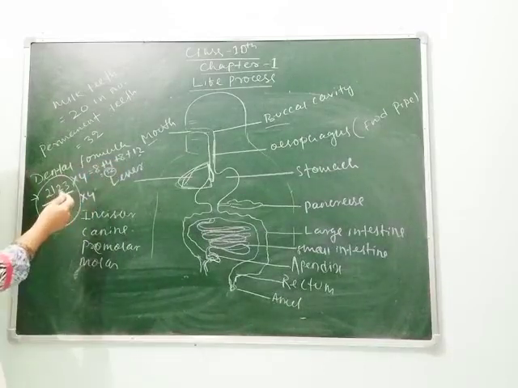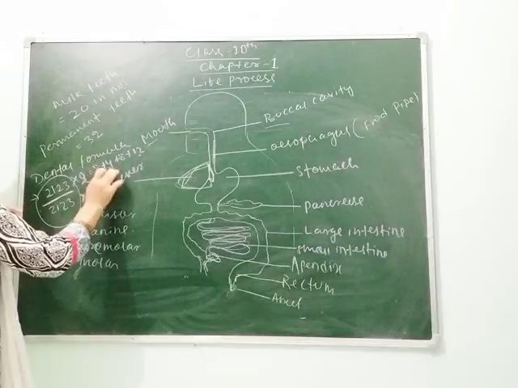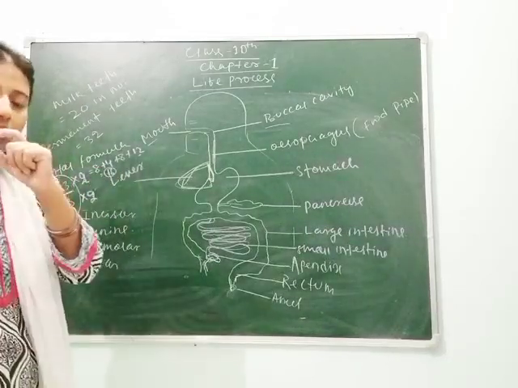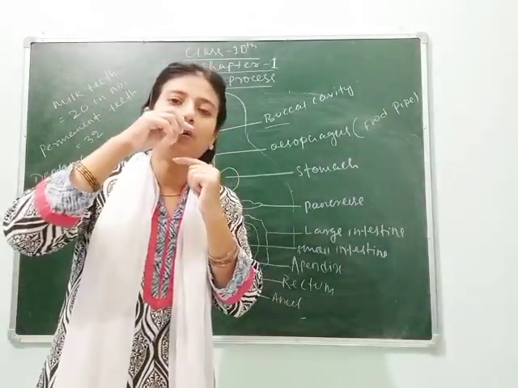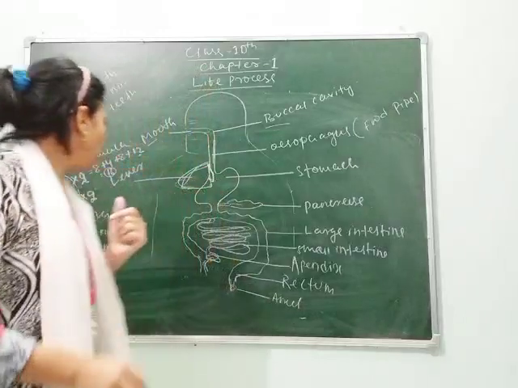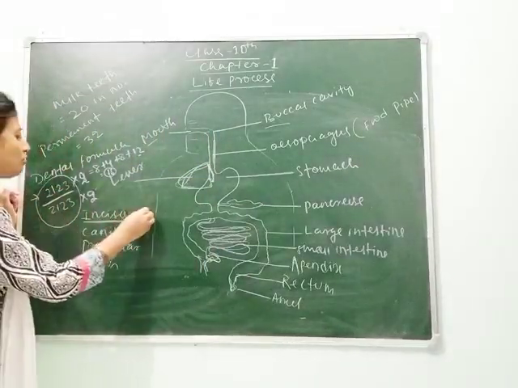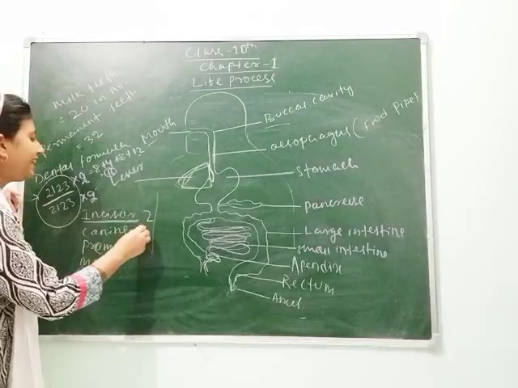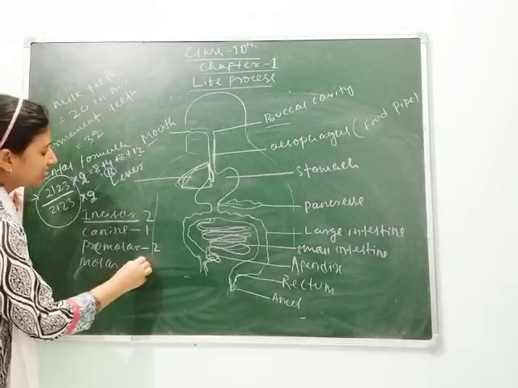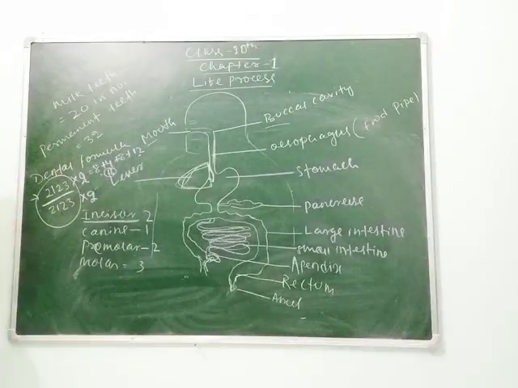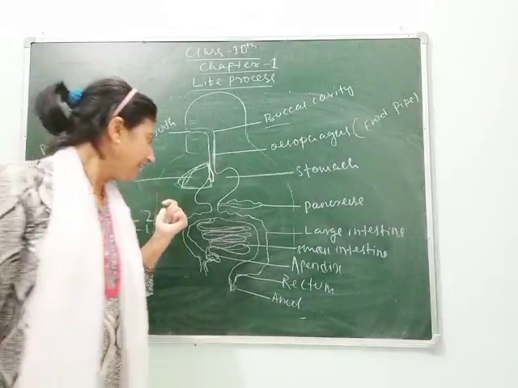So the teeth are arranged as 16 on the upper jaw and 16 on the lower jaw. The number of incisors is 2 on one side, canine is 1, premolar is 2 and molar is 3. So 2, 1, 2, 3 upon 2, 1, 2, 3 is called the dental formula.